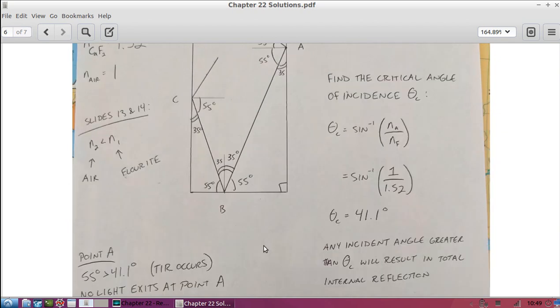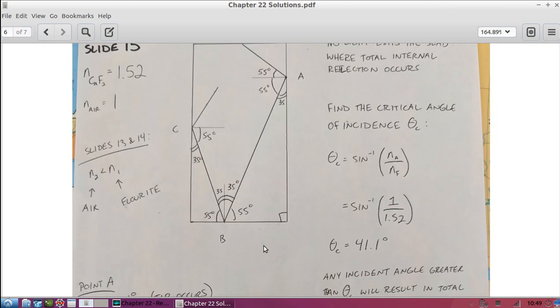So where does total internal reflection occur? Points A and C, because the incident angle at point A and the incident angle at point C are both 55 degrees, which is greater than 41.1 degrees. Where is the incident angle less than the critical angle? Right here at point B. 35 degrees is less than 41.1 degrees, so some light is going to refract, right?